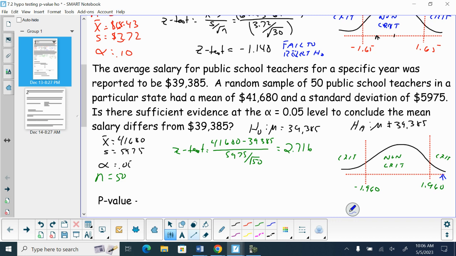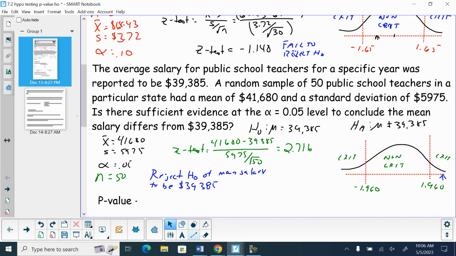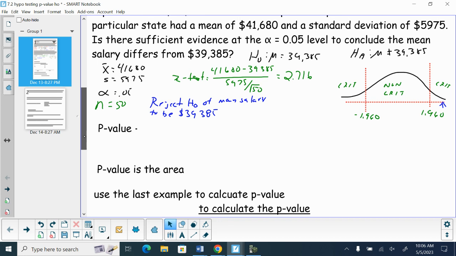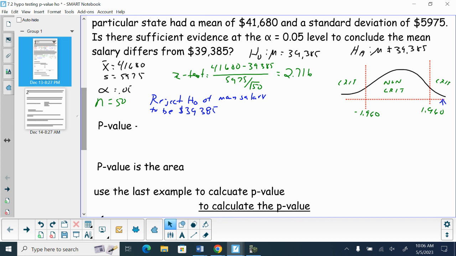So we can reject the null hypothesis that the mean salary for teachers is 39,385. So what you can do then is probably set and establish your new value of 41,680. Once again, we've been there, done this many times.